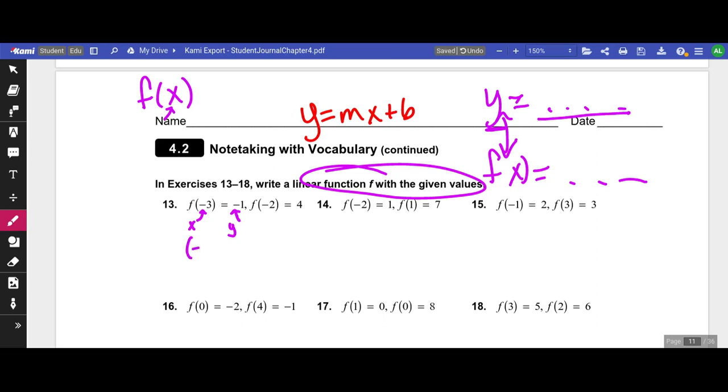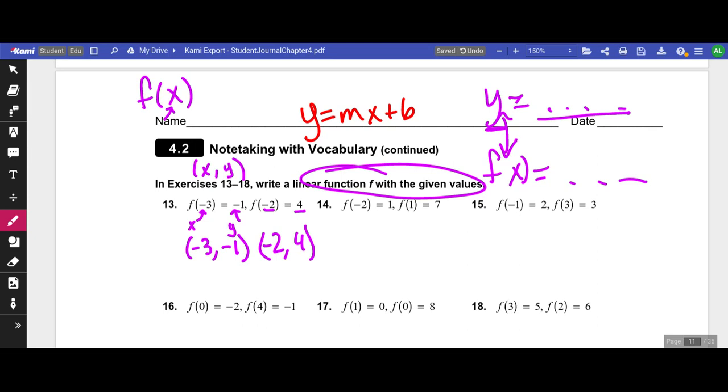So my first point here is (-3, -1). I always have my points in that x, then y order. And then here, when I plug in -2, my output is 4. So my second point is (-2, 4). Makes it fairly easy. It's in the same order, you don't have to flip-flop them or anything.